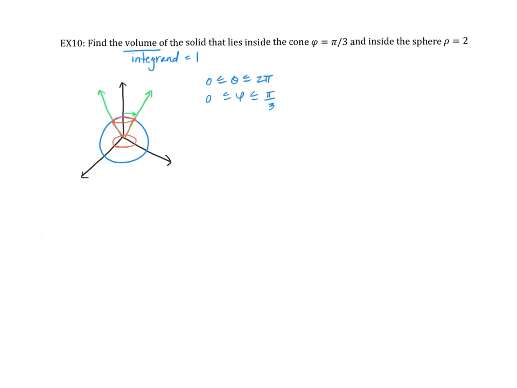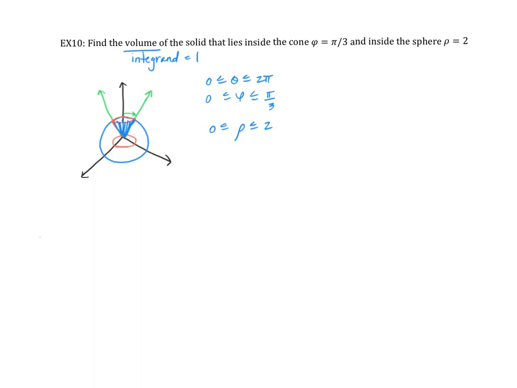Now let's think about this rho value. If you take any point here, the distance out in the rho value, remember it's from the center out, is always going to be a maximum of 2. So my rho goes from 0 to 2.